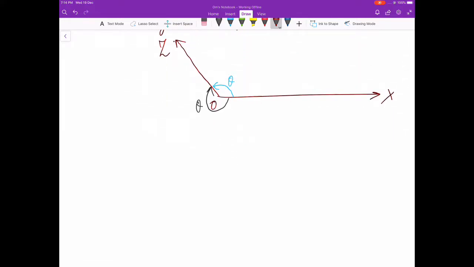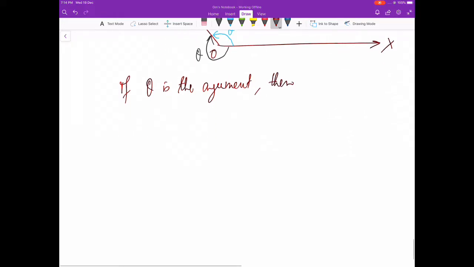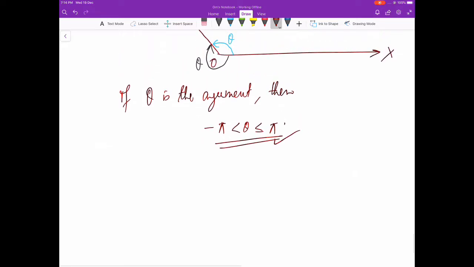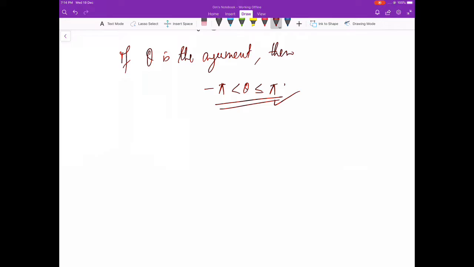So if theta is the argument, then theta must lie between minus pi and pi. Pi is inclusive. And there is a convention to measure the angles in the clockwise and anti-clockwise direction.